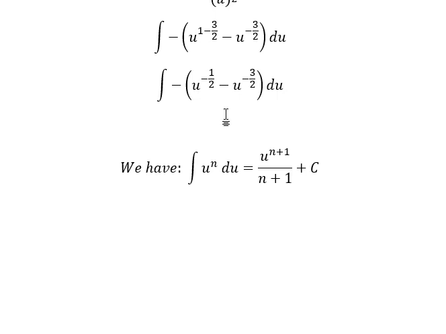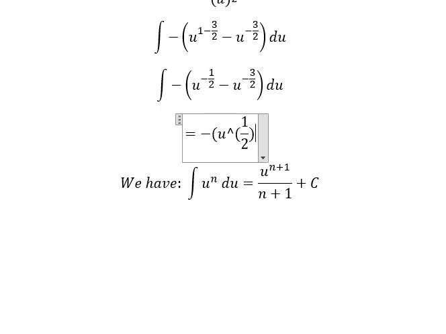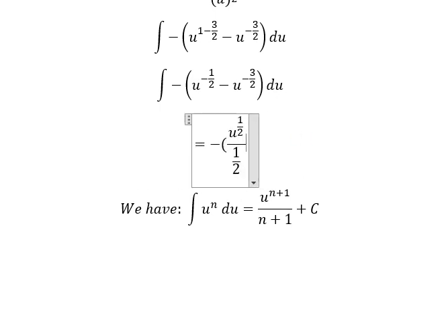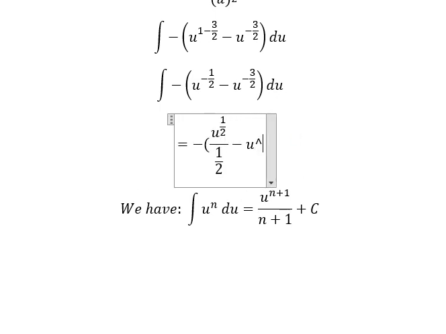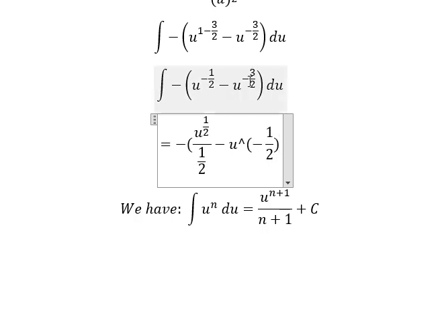I will put negative 1 over 2 going here, and now we have the final answer. This one we have positive 1 over 2 over 1 over 2. The next one we have negative 1 over 2, because negative 3 over 2 plus 1 we have negative 1 over 2.